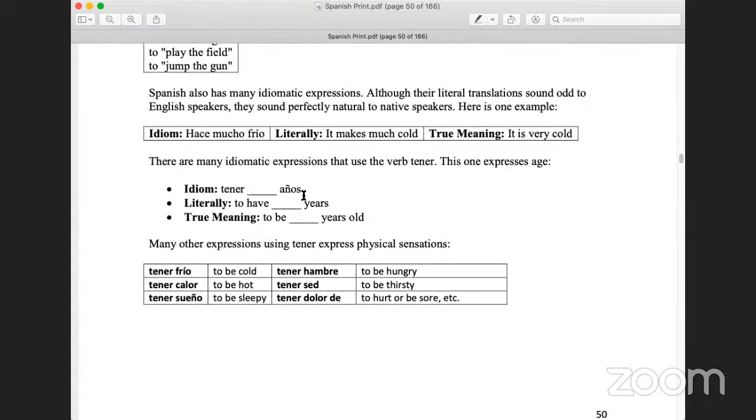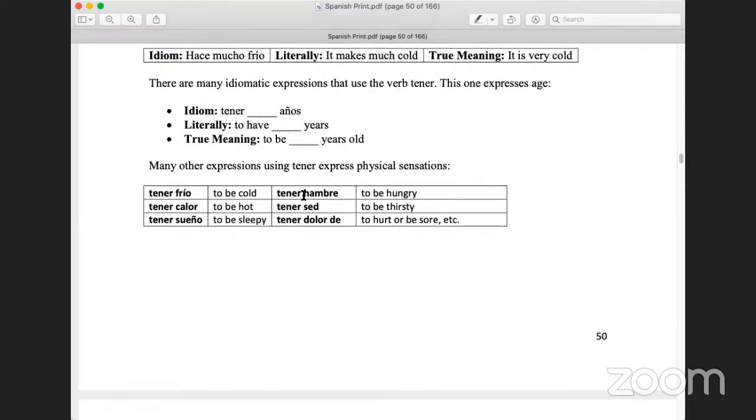That's the infinitive verb. If I conjugate it, I say tengo 44 años. I have 44 years. True meaning, to be 44 years old. But literally, you're saying, I have 44 years. Many other expressions using tener express physical sensations.